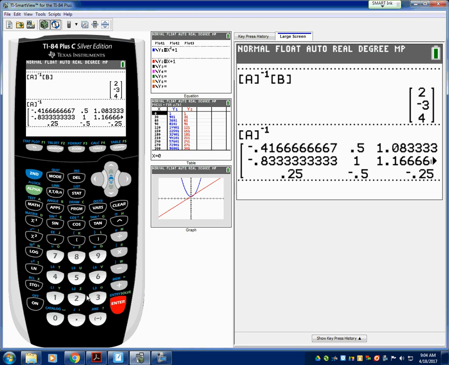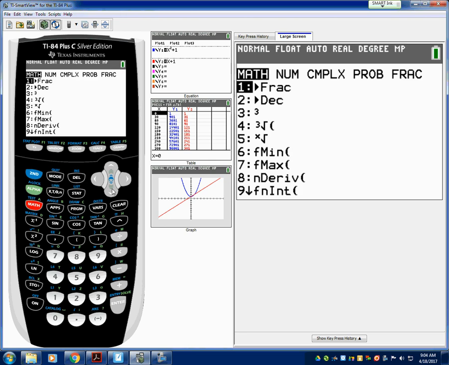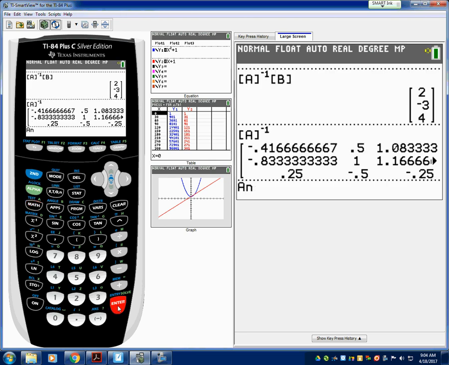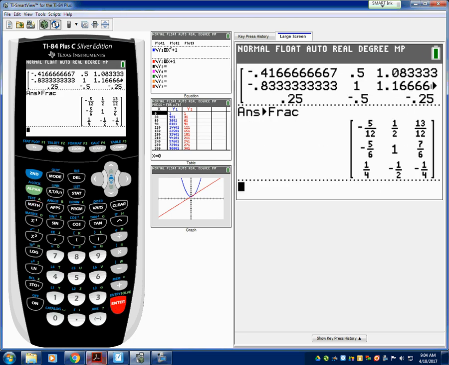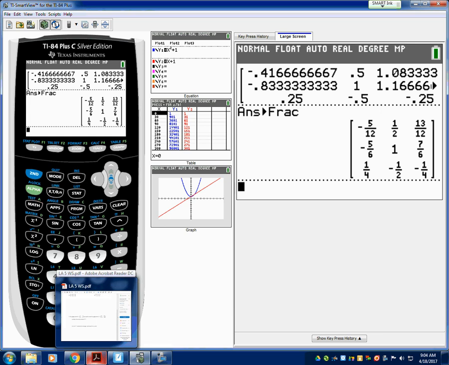When you have a repeating or a terminating decimal, it's a rational number, a fraction. And there they are. Isn't that cool? The calculator will take those decimals that it popped out and actually change them to fractions. So here it is, a fraction for it. That's A inverse. Can you imagine calculating that by hand and then multiplying it by B? But it's programmed into your calculator, your little handheld calculator.